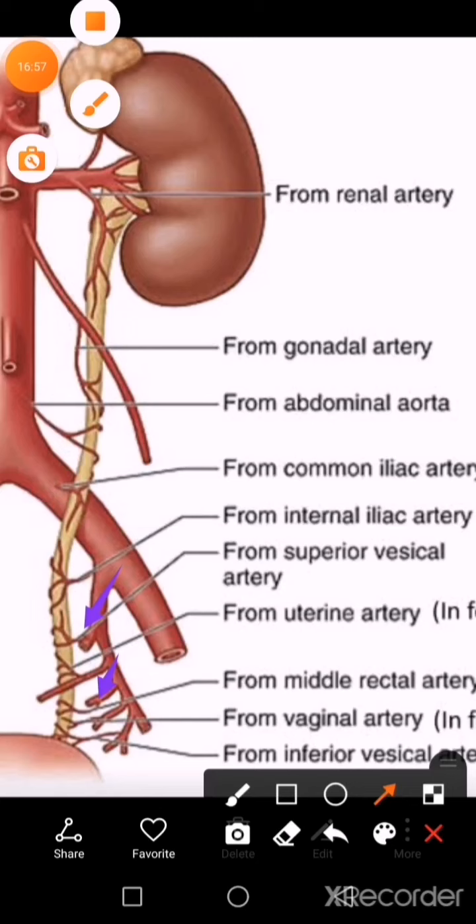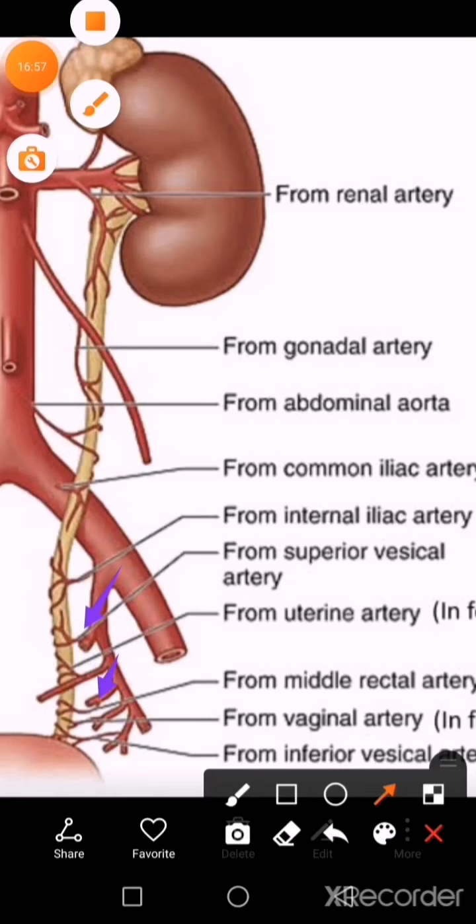This is obviously the ureter, and this over here is the vas deferens. You can see that the vas deferens is crossing over the ureter from the lateral to the medial side, while the ureter is going forwards and medially towards the base of the bladder.